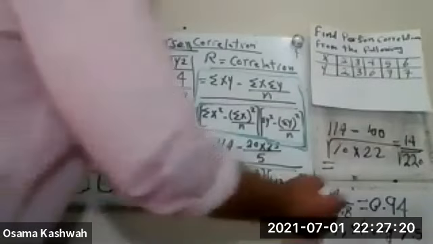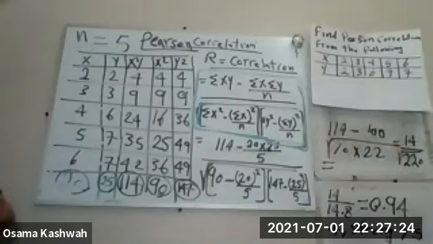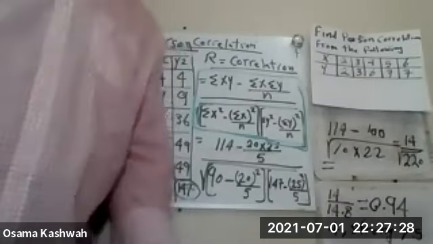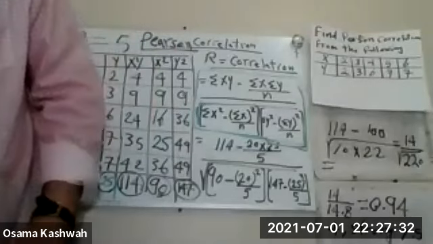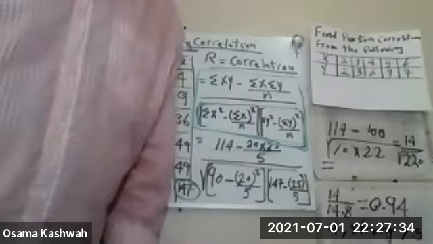So we finish it, and at the end it is 0.94, which means a strong correlation, because we said the correlation is strong if it is more than 0.5 or 50%. This is more than 50%, so it's a strong correlation.